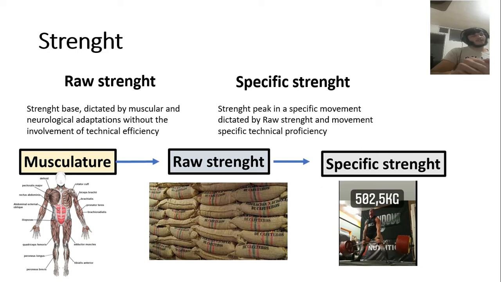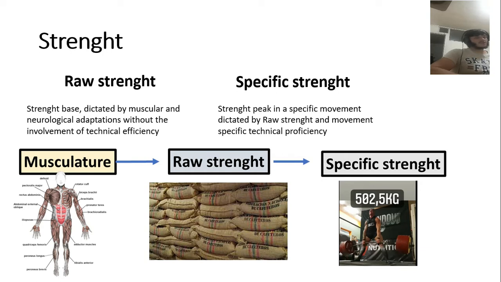Now, both raw strength and specific strength are dictated by the musculature in your body. So musculature is going to increase your raw strength potential, and by increasing your raw strength potential, you're going to increase your specific strength potential. The important thing to know here is that as a novice, all of these things are going to happen concurrently, not necessarily instantaneously.